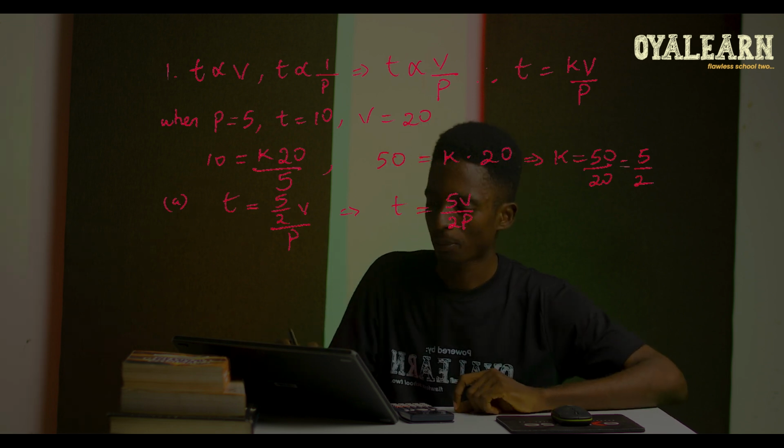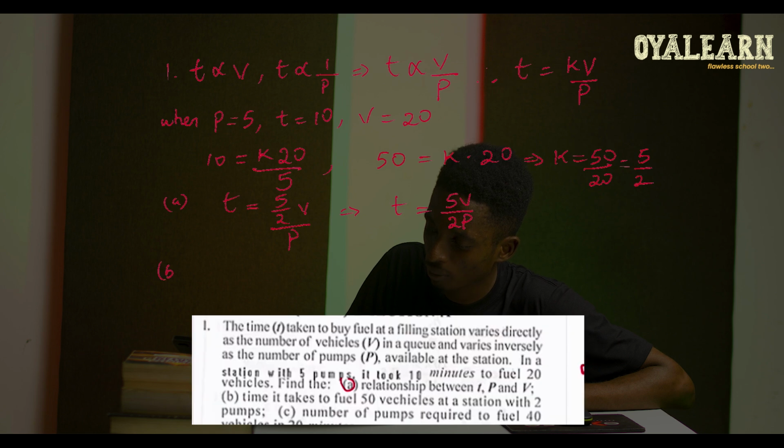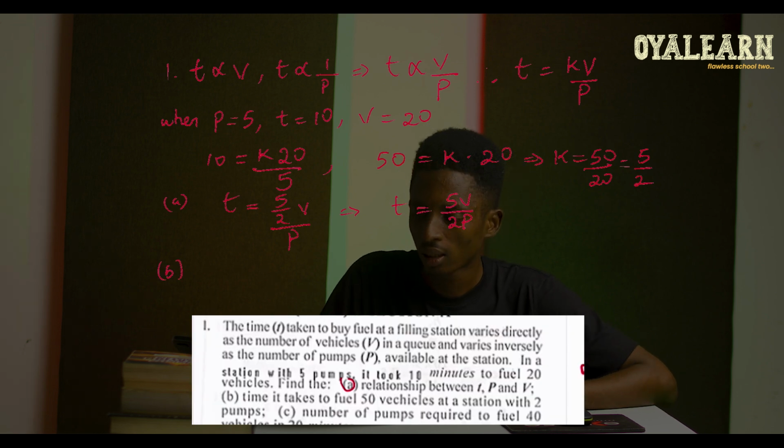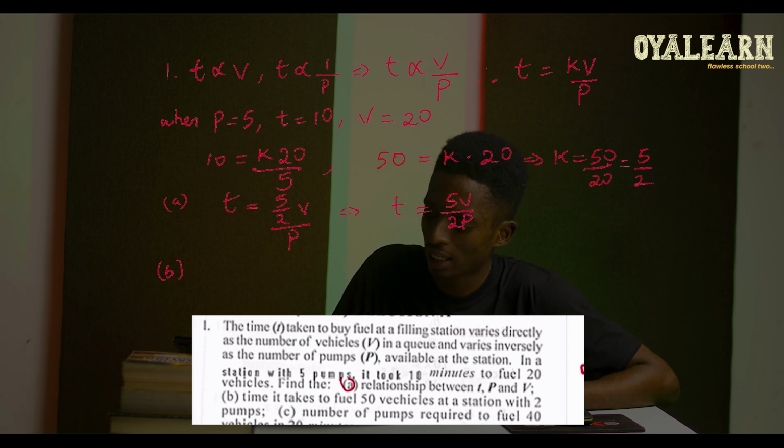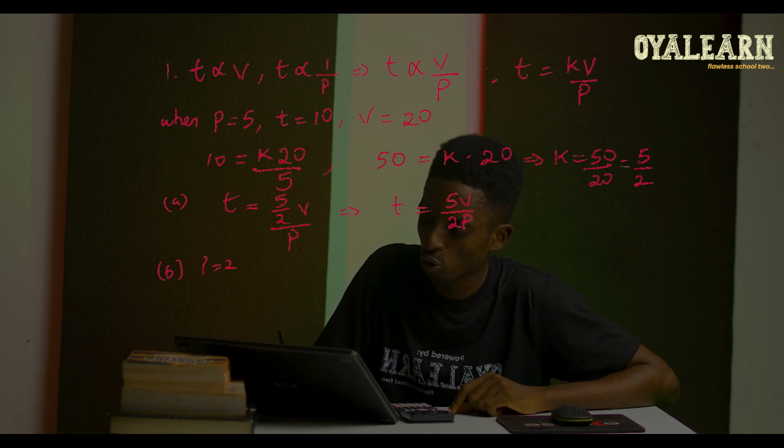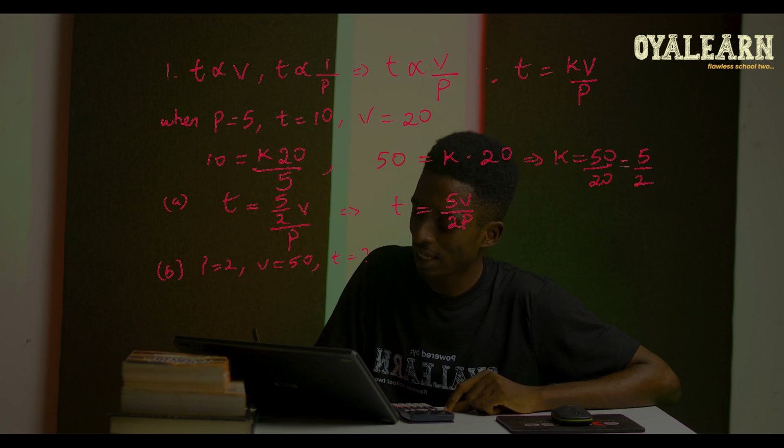That is A. Now B says we should find the time it takes to fuel 50 vehicles at a station with 2 pumps. That is, P equals 2, V equals 50.